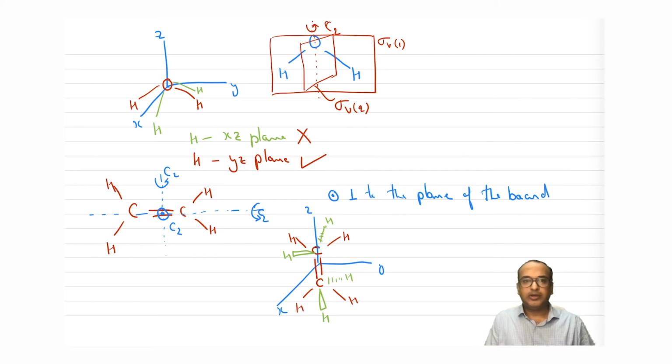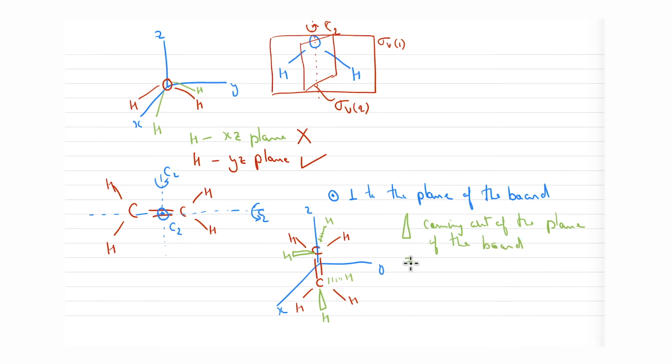Again, this notation: any bond drawn as a solid wedge is coming out of the plane of the board, and any bond which is drawn like this is going behind the plane of the board.